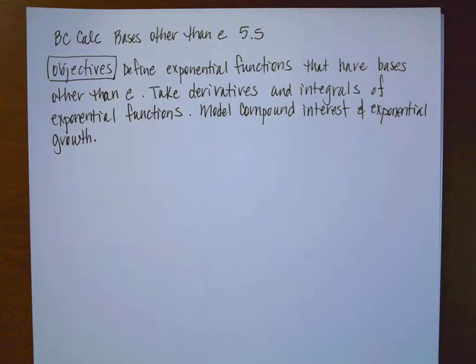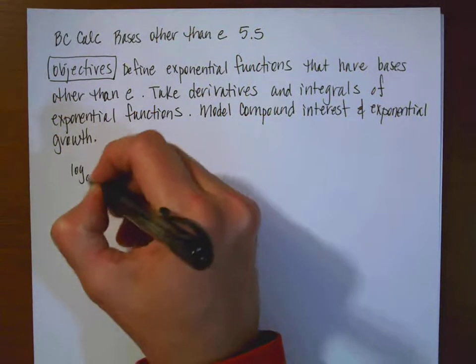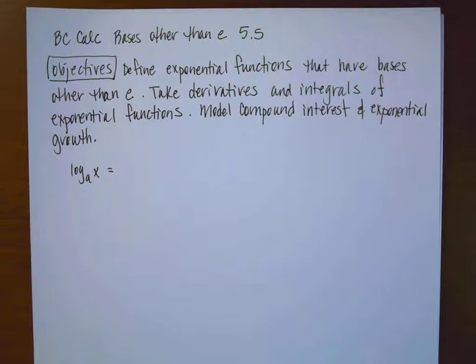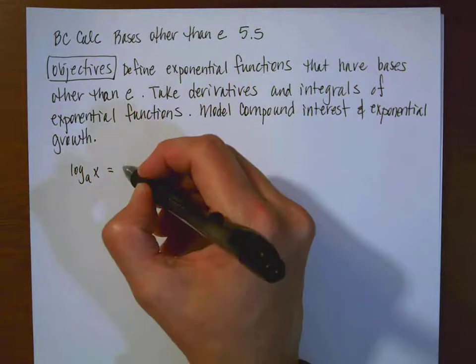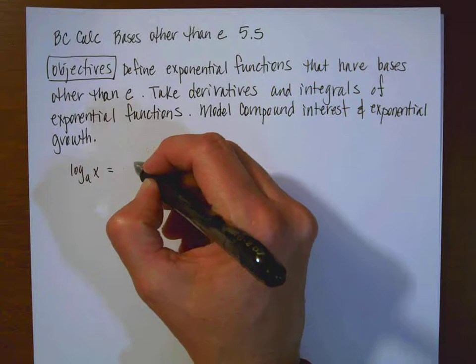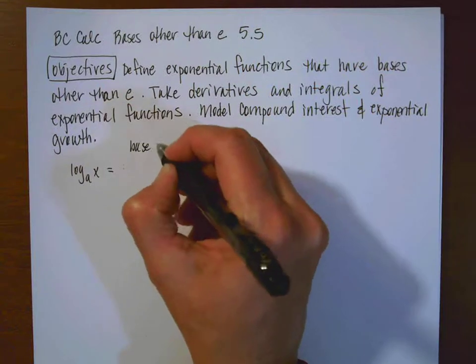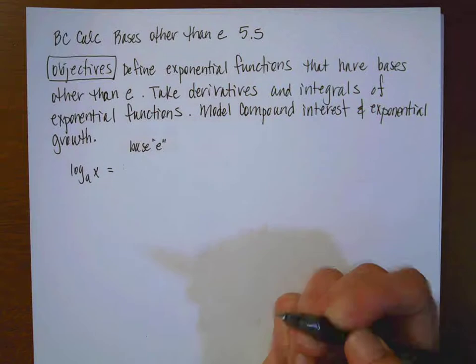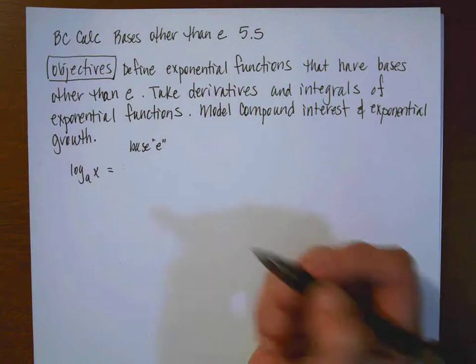All right, so as we consider bases other than e, the thing that you need to remember is all properties of logarithms are the same regardless of the base. So if I were to have the log base a of x, then by using the change of base formula, I could write this if I chose a base of e. I'm going to choose a base of e because I can choose any base that I want.